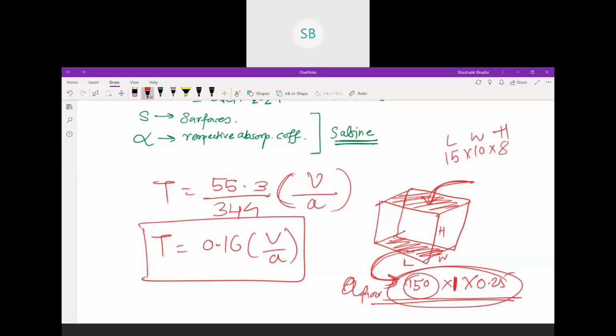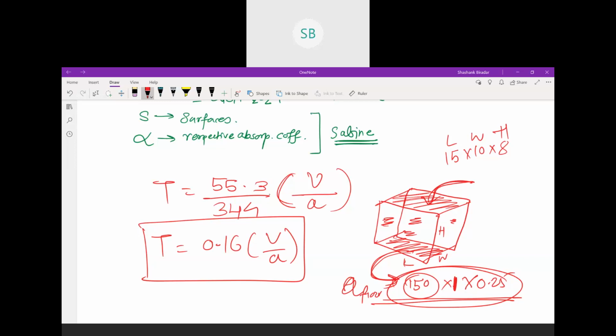And the same for the four walls. Every time, the values will be given to you. For example, if the surface is covered with carpet, then the absorption coefficient is given. If the walls have windows open, then the absorption coefficient is 1.